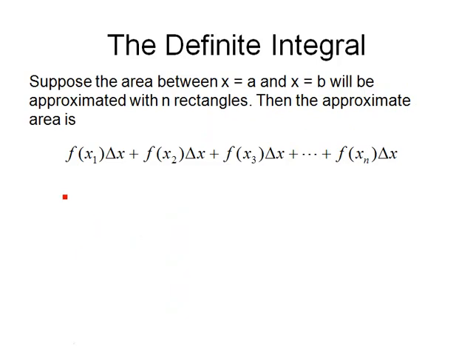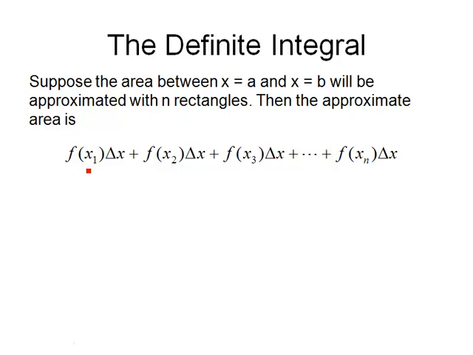So we're going to have lots and lots of terms like this. We're going to have however many terms you want, corresponding to however many rectangles. That means that our area from x equals a to x equals b will be approximated by a bunch of rectangles. Here I'm saying n rectangles.